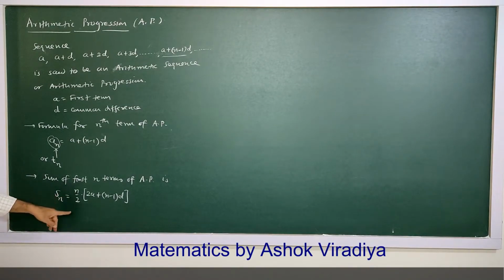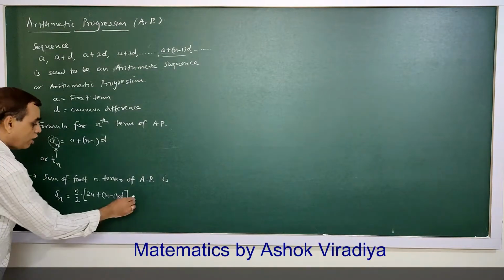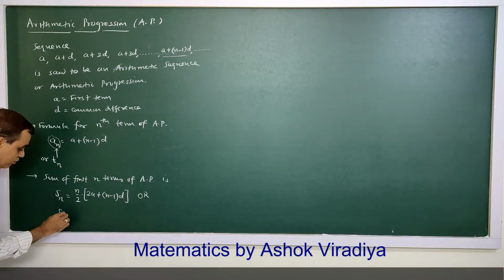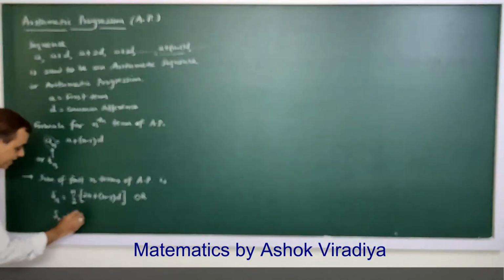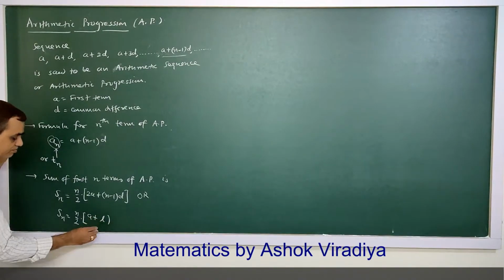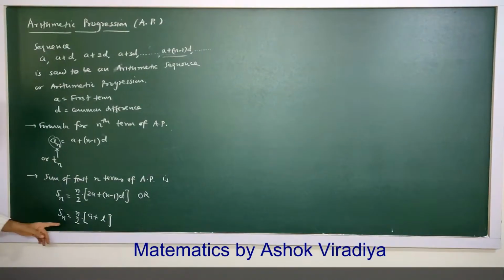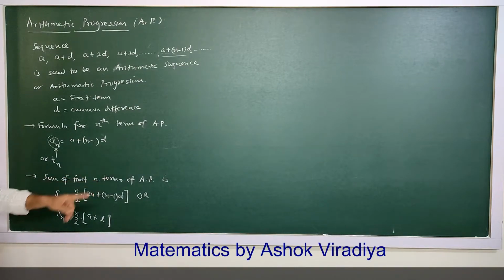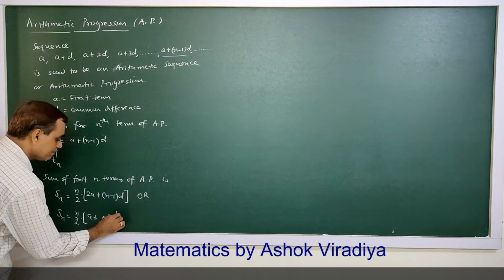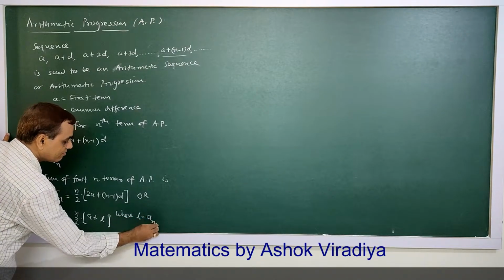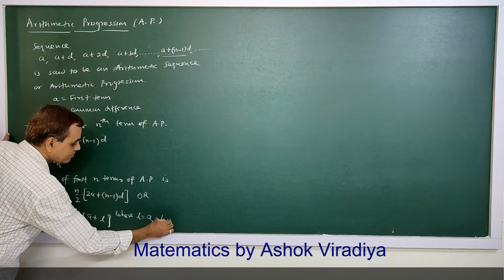Sn is n by 2 into 2a plus n minus 1 into d, or another form is Sn equal to n by 2 into a plus l, where l is last term, that means nth term, where l is nth term or last term.